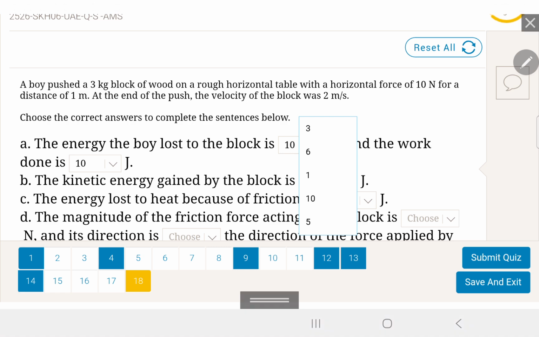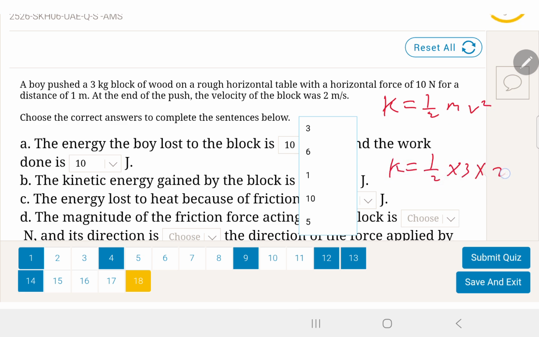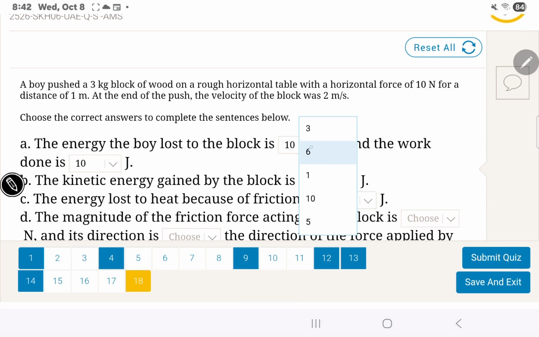Let's repeat this one. We made a mistake. Kinetic energy is half times m, which is 3, times v squared, which is 2 squared. So this is 1.5 times 4, which is 6. So here you have to choose 6.